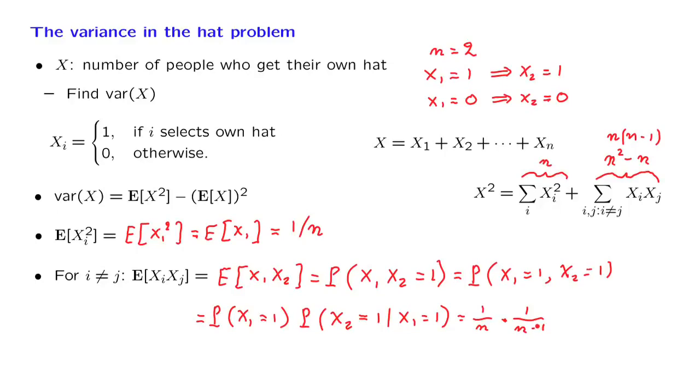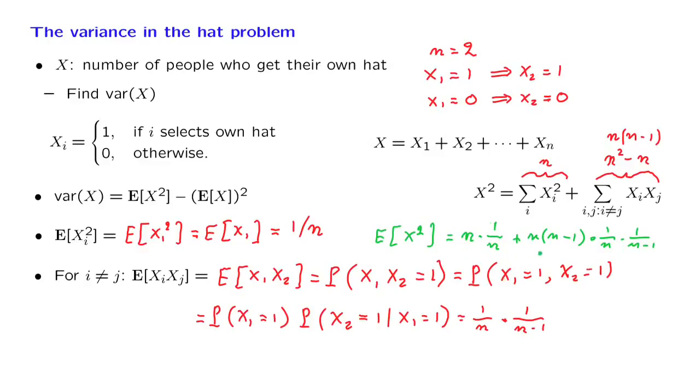Now, we are in a position to calculate the expected value of X squared. The expected value of X squared consists of the sum of n expected values, each one of which is equal to 1 over n, plus n times n minus 1 expected values, because we have so many terms, each one of which, by this calculation, is 1 over n times 1 over n minus 1.